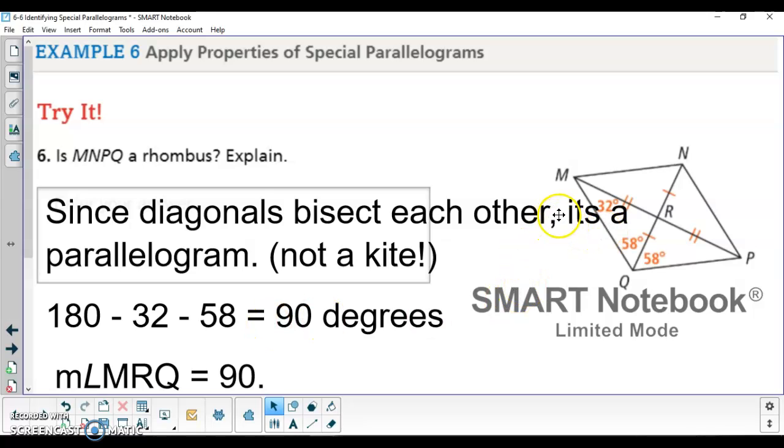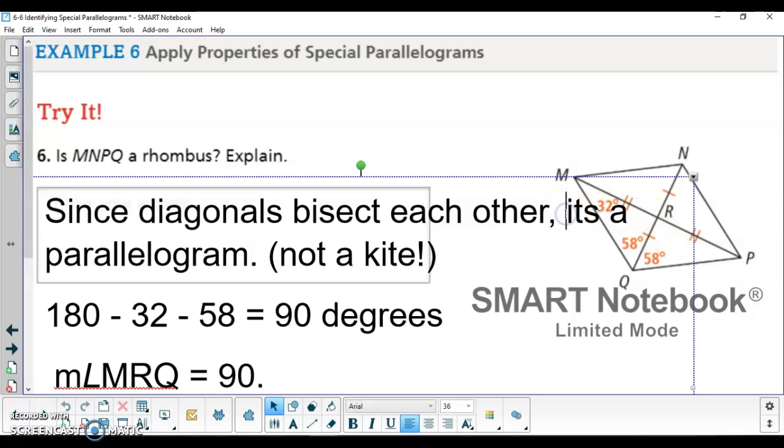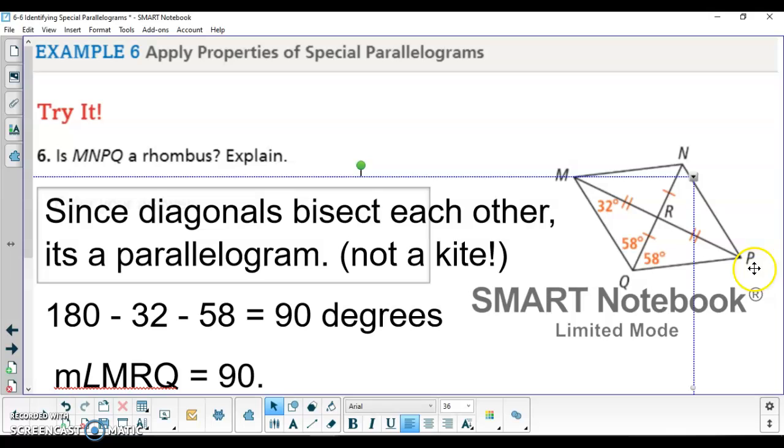The other thing that makes it a rhombus is that you don't know anything about the diagonals bisecting the angles, except that it's bisecting this one angle here. But it has to bisect two angles, and here only one diagonal does, so you can't use that theorem. However, you know the measure of angle MRQ.